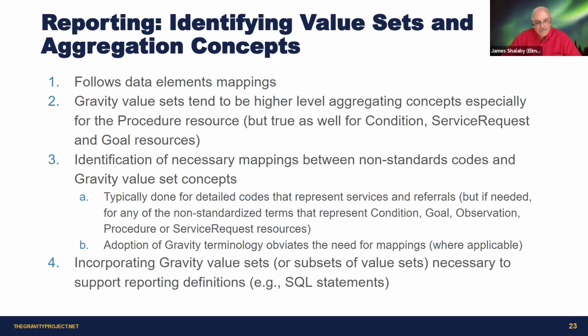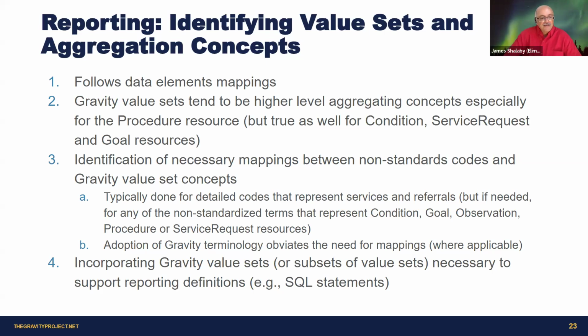This is a step that needs to be done, and typically would be done at the implementing level. Let's say it's an SCN vendor that's supplying referral coordination. They would need to map to standards or adopt standard codes. But more likely they'll be mapping, especially procedure codes of services being provided, because the level of detail and granularity that they have is probably going to be much more detailed than what's in Gravity.